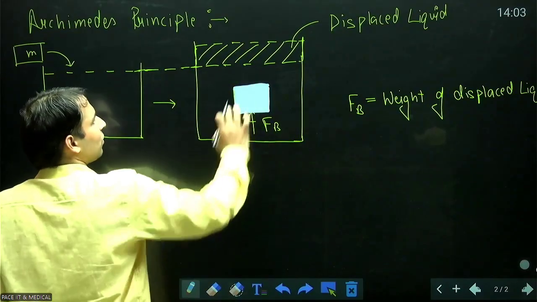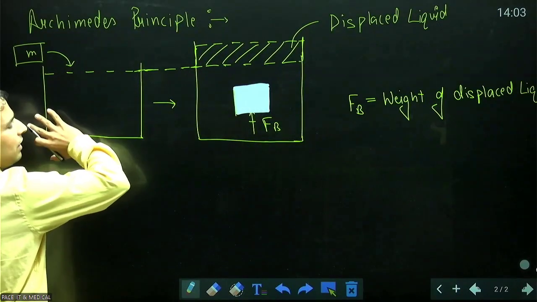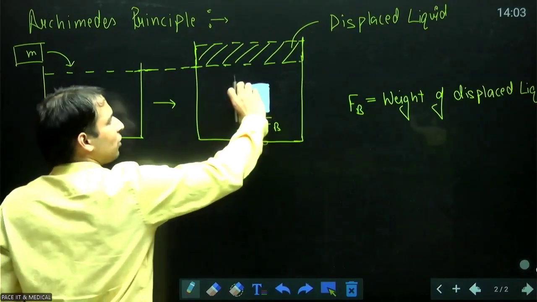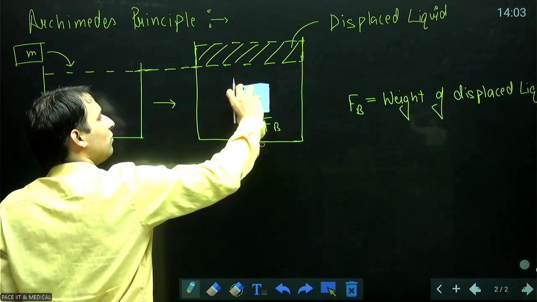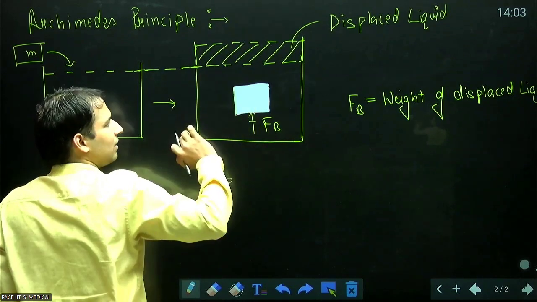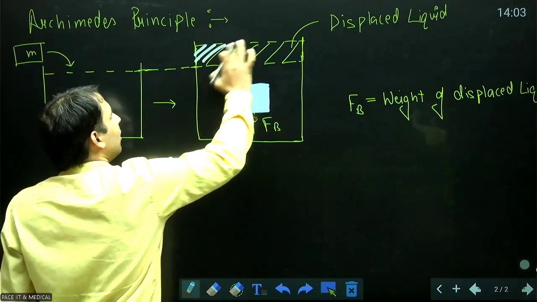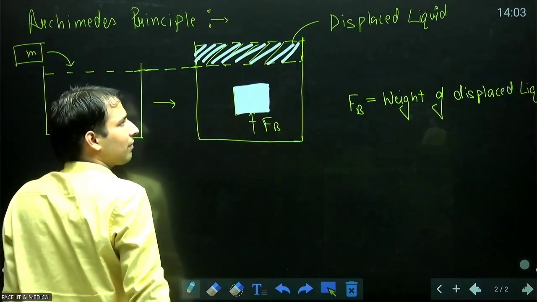Let's say it's a complete gas or a complete liquid, right? And out of the total volume, this much is occupied by your object of mass m. So only this much volume will be displaced. So this volume will be equal to this volume.